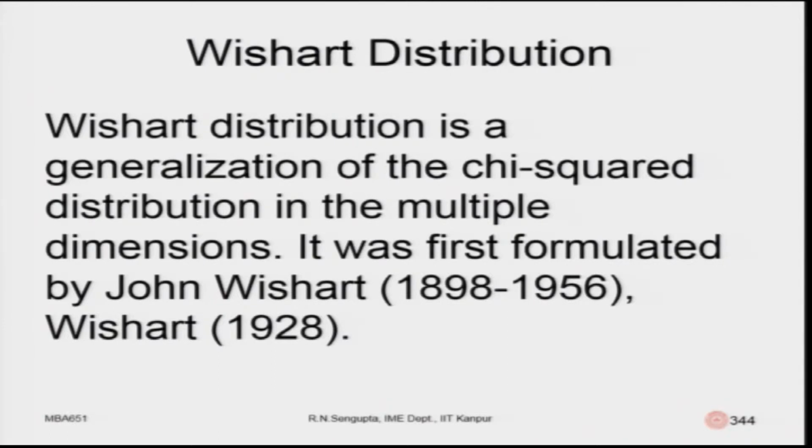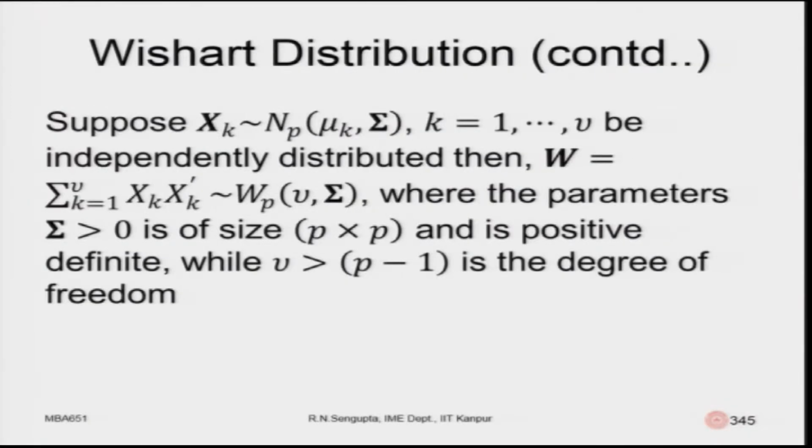So, we are given the distribution as such. Suppose x k, where generally we will consider k being 1, 2, 3, 4 up to v, which is the degrees of freedom.